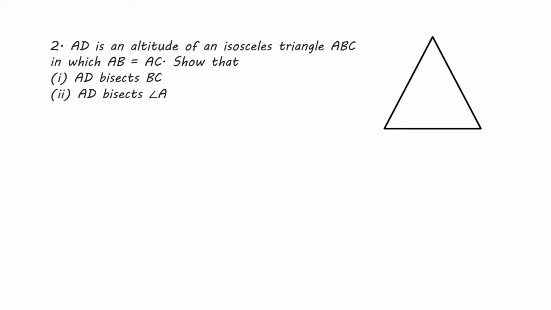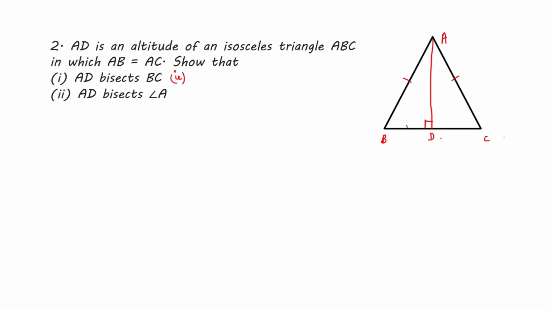Now, let's look at the next question. AD is an altitude of an isosceles triangle ABC in which AB equals AC. Let's construct an isosceles triangle ABC with AB equal to AC. It has an altitude AD. We need to show that AD bisects BC.